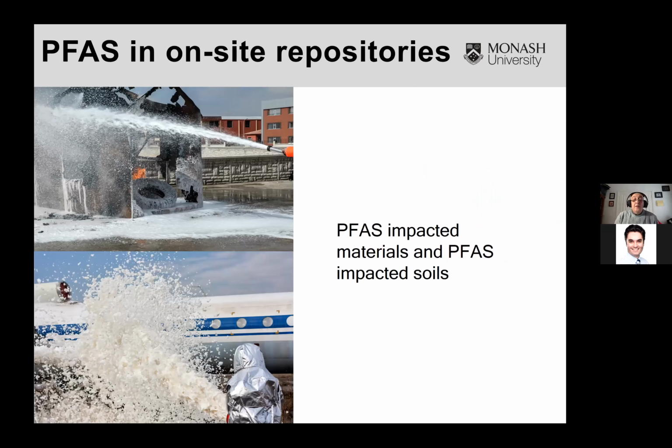Now, when we are dealing with these fire training facilities, airports, and so forth, very often we need to store these PFAS impacted materials and PFAS impacted soils in what we call on-site repositories or on-site storage facilities.